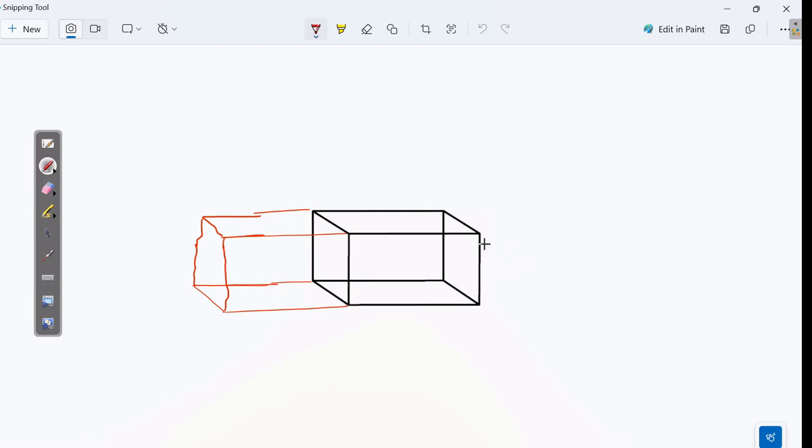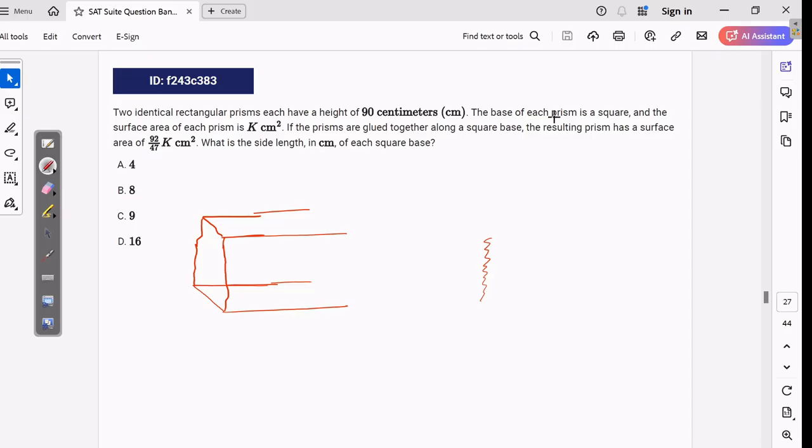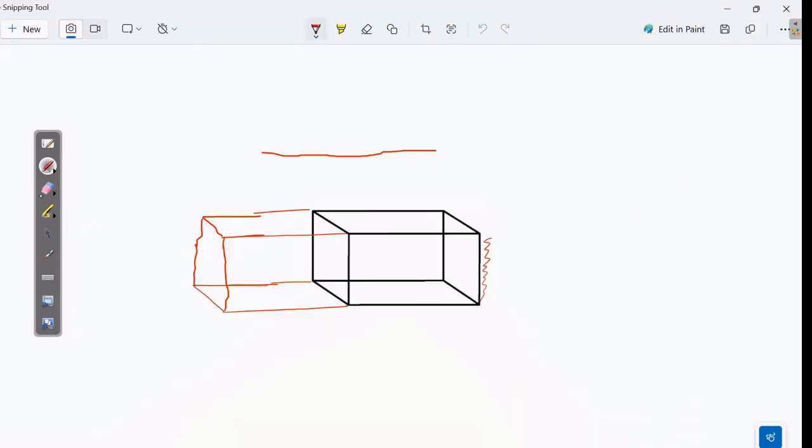Don't think that this one is the height, because this is exactly what we have to find out: the side length in centimeters of each square base. Let's say this is x.